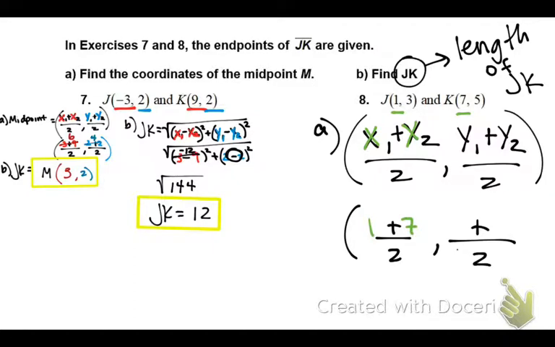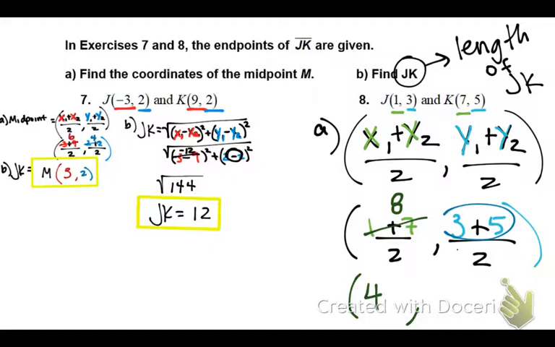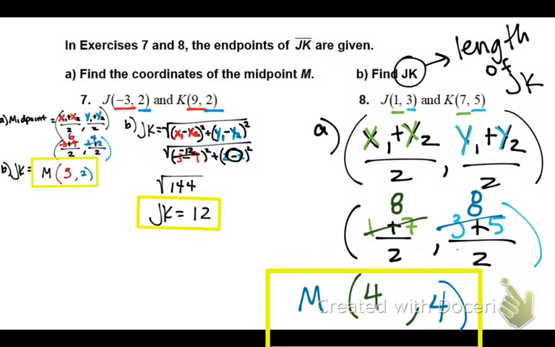And then my two y's, 3 and 5. 1 plus 7 is 8, divided by 2 is 4. 3 plus 5 is 8, divided by 2 is also 4. So you'd write m for the midpoint, that's the name of the point, is (4, 4).